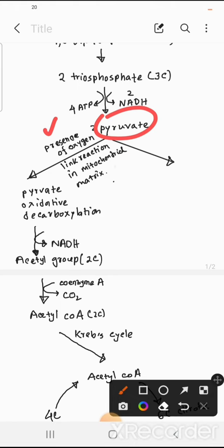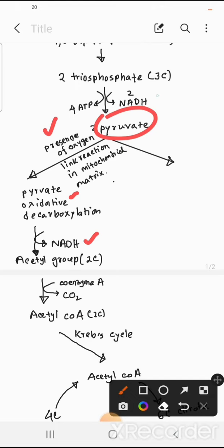When it goes to the mitochondrial matrix, it is involved in a reaction called the link reaction. What happens in the link reaction? Here the pyruvate undergoes oxidative phosphorylation. That means oxygen helps the pyruvate to get a phosphate. While this happens, you get NADH in this reaction.